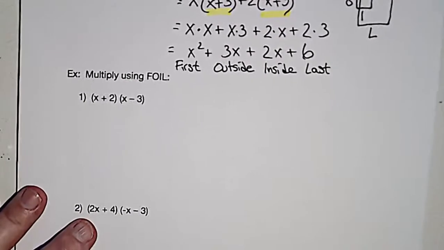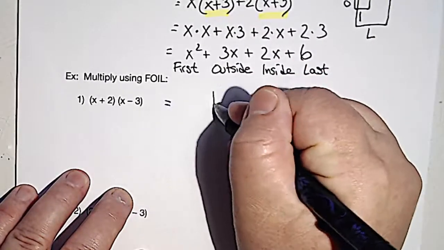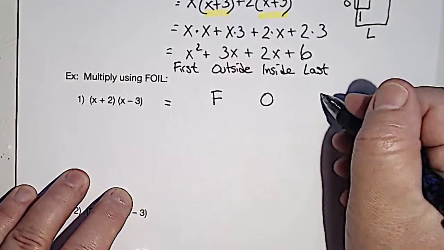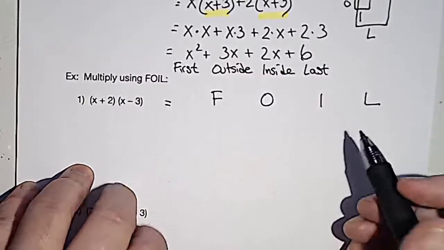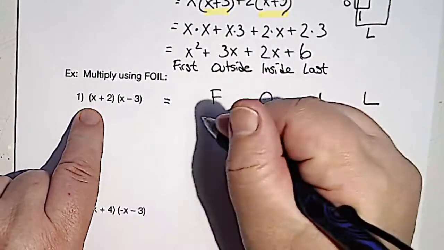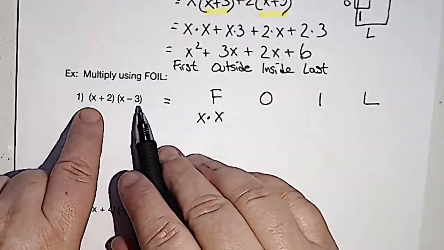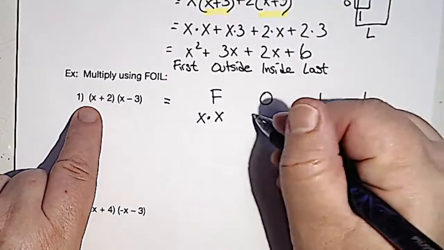So the way we use it is, generally speaking, we write up F, O, I, L, and then we practice. We say, okay, first, the two first ones, x times x. The outer or the outside, that's the x and the -3.